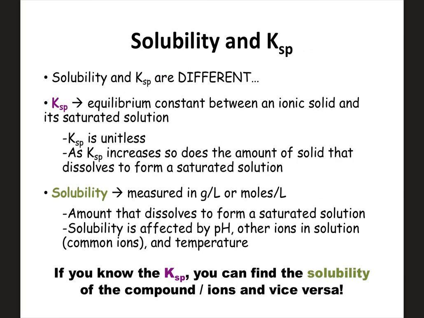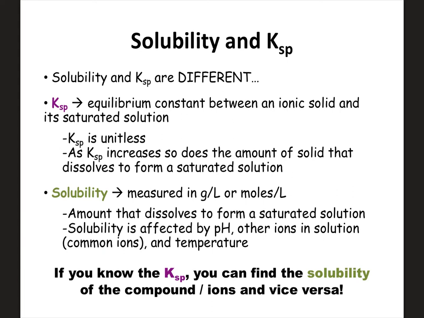I just want to make sure you understand here that solubility and Ksp are not the same thing. They are totally different. Ksp is an equilibrium constant between the solid and its saturated solution, or the solid and its dissolving ions. Ksp is totally unitless, and as Ksp increases, so does the amount of solid that dissolves.